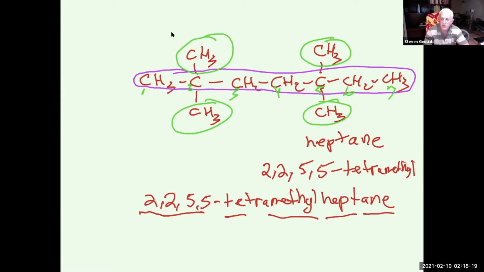That's the basics. Then we get more complex, because once you get double bonds, triple bonds, or functional groups, you have to say where they're at. This is the basics for naming organic compounds.